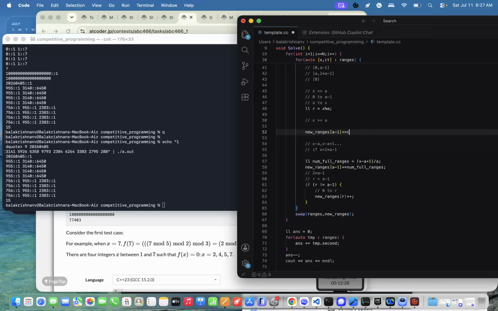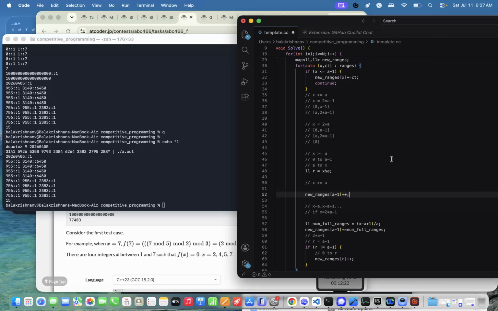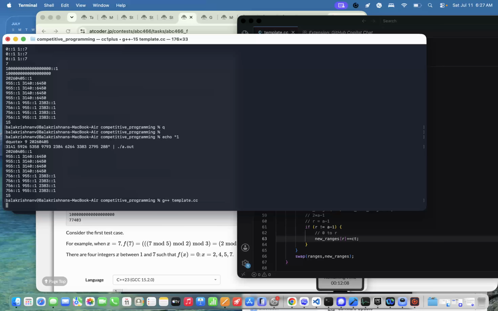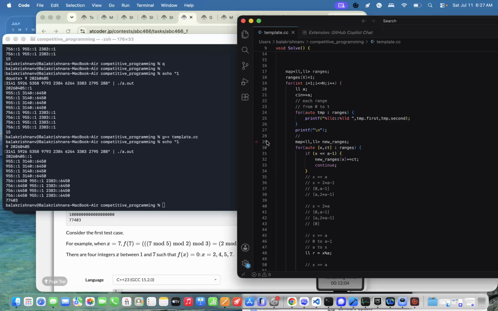Plus equal to CT. New ranges, that's not right. That's right.